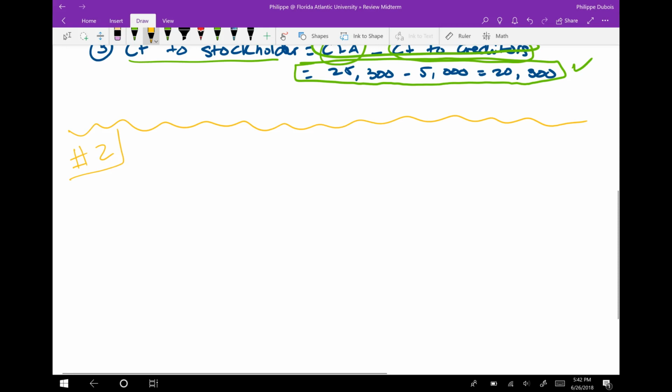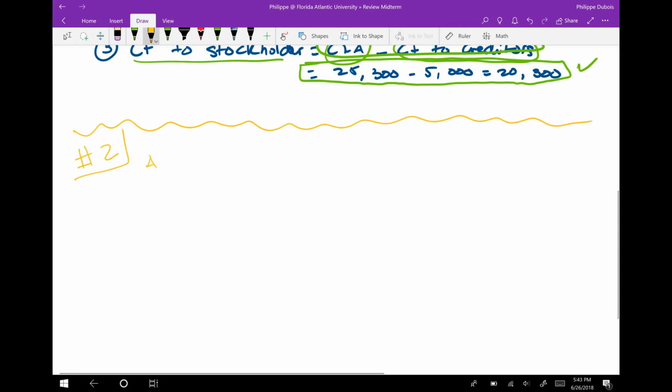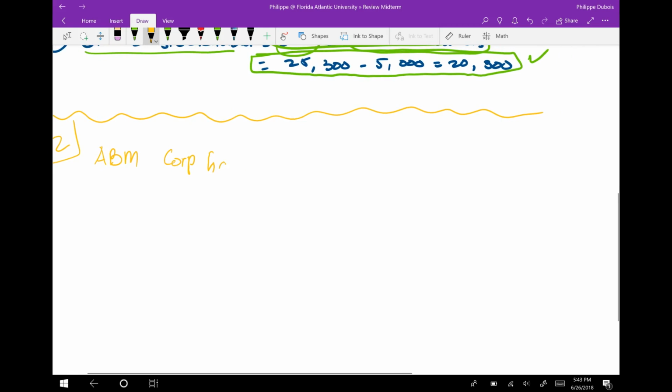This is a good problem to do regarding the ratios. Let's say that ABM Corp has a total debt ratio of 0.46.